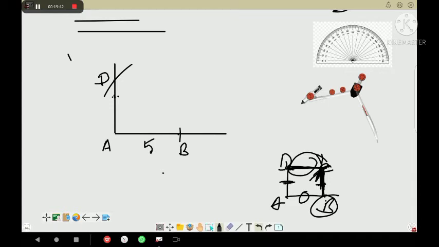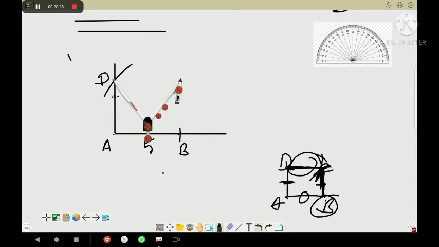So we need to draw two arcs now. One is with the length BC, that means 5 centimeter. So BC is also 5 centimeter.